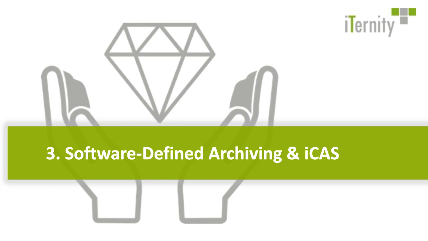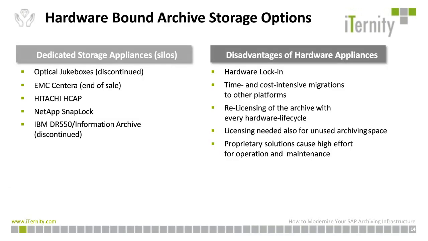I will start a little bit with going back into the past here. For those of you who are familiar with it, when I started working in the ECM DMS field, I actually still came across some of those old optical jukeboxes.